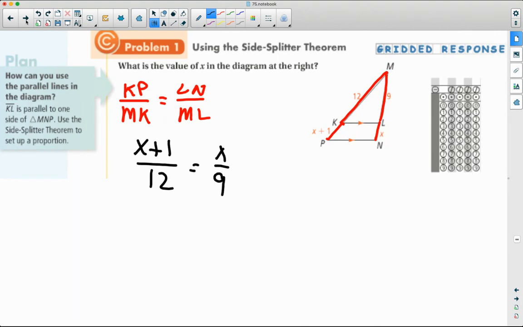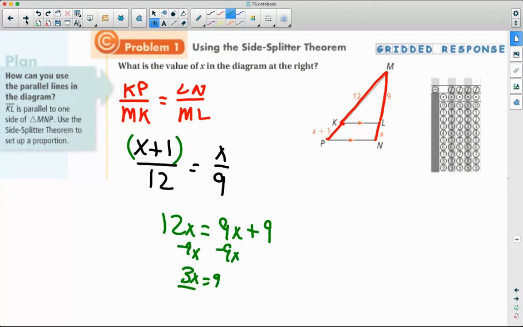Okay? Now we'll go ahead, cross multiply and solve. Parentheses around a quantity, so I remember to cross multiply. Remember to distribute. So that gives me 12x is equal to 9x plus 9. Subtract 9x. That gives me 3x is equal to 9. Divide by 3, and x equals 3.